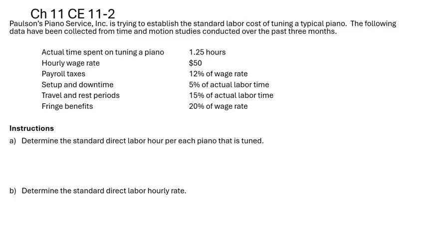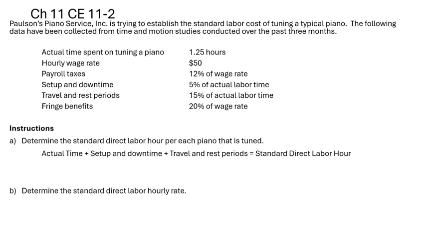So if you're using the wage rate, you're going to end up with dollars. That would probably make more sense to go into the hourly rate. So for the standard direct labor hour, we're going to take the actual time plus the setup and downtime plus the travel and rest periods to get our standard direct labor.